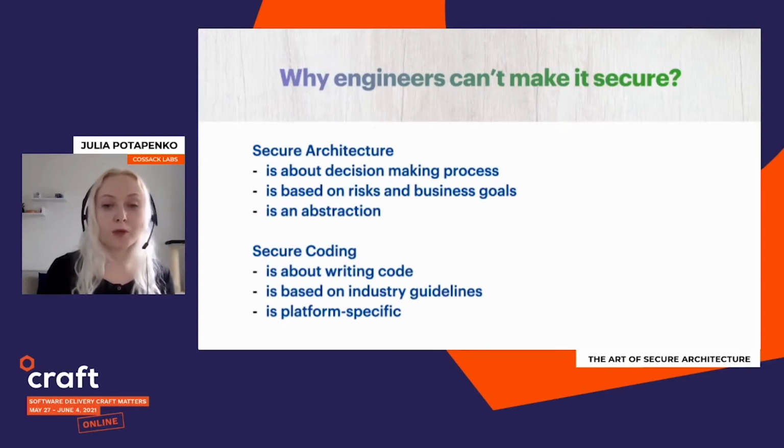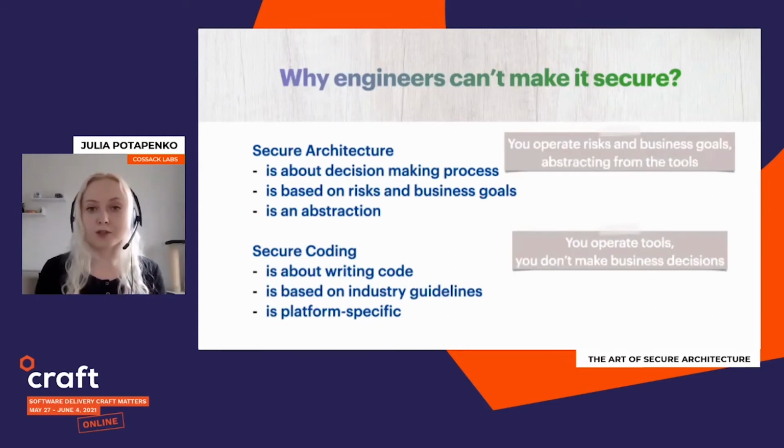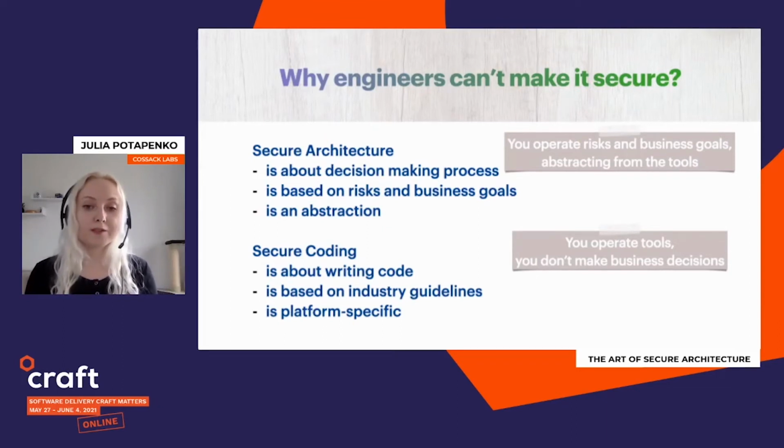And we need to consider the difference between these two notions. Secure architecture is about the decision-making process. It's based on risks and business goals. It's an abstraction. And secure coding is mostly based on industry guidelines, and it is specific to the platform.